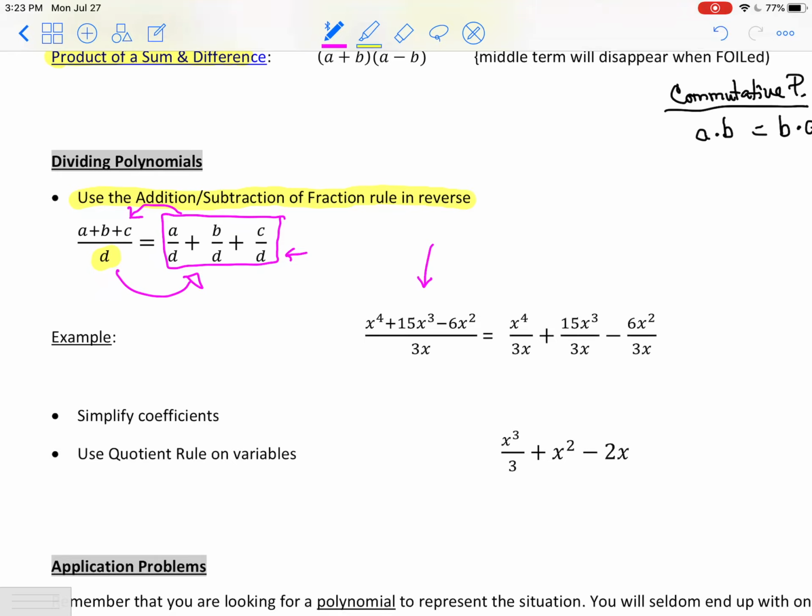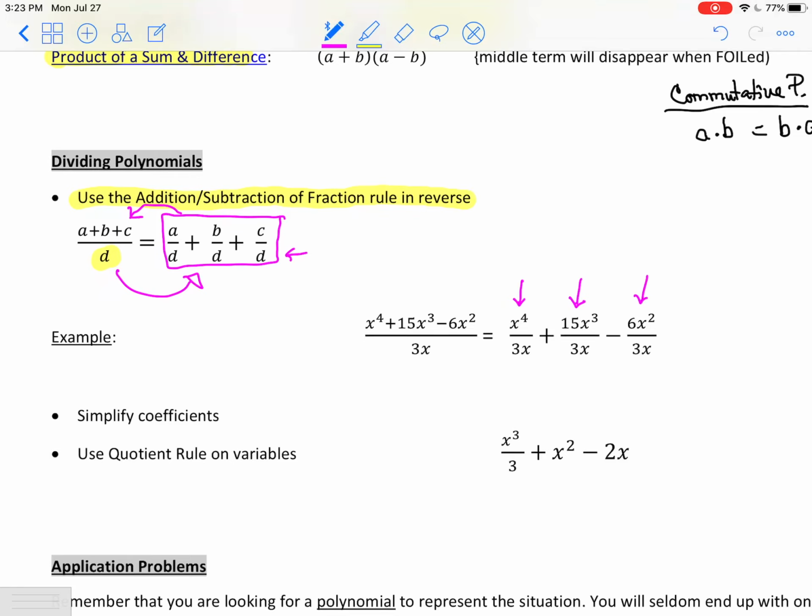And the key idea here is that this 3x right here is not just being divided into one of these terms up top. It's being divided into all of those, right? So we've got the x to the 4th divided by 3x, 15x cubed divided by 3x, and 6x squared divided by 3x.